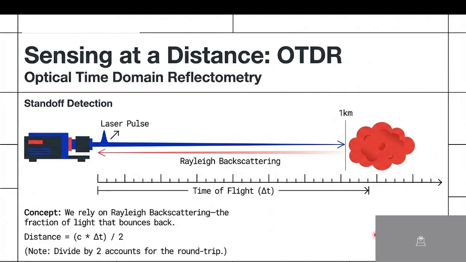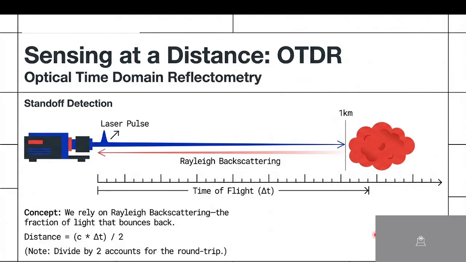Now moving towards OTDR, optical time domain reflectometry. The light pulses will be sent with a fixed frequency, so the time of flight will be calculated based on the detection time.